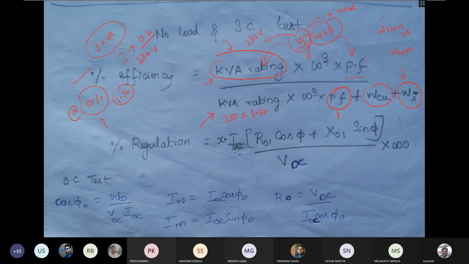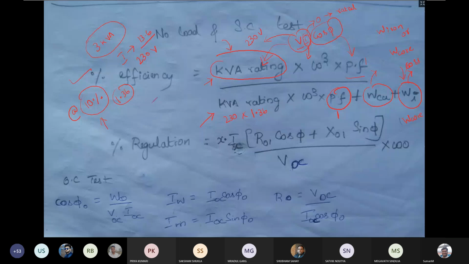Now, from this expression, the iron loss is constant. I told you that from no load to full load, the iron loss or core loss will be constant, whereas the copper loss will change according to the current.